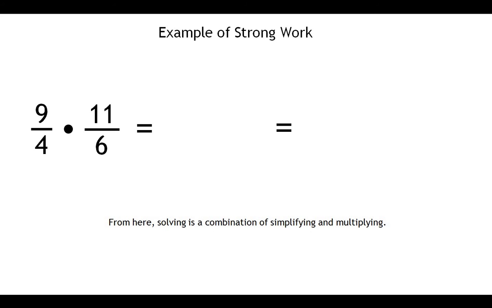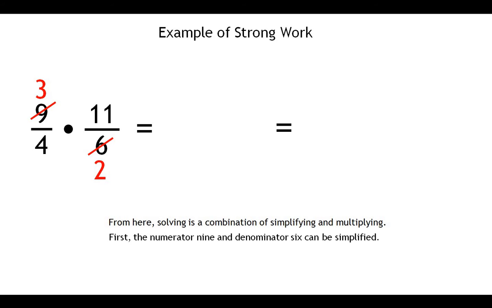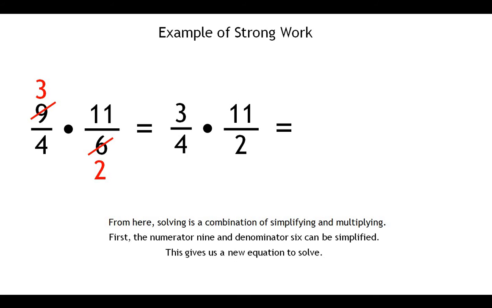From here, solving is a combination of simplifying and multiplying. First, the numerator 9 and denominator 6 can be simplified. This gives us a new equation to solve.